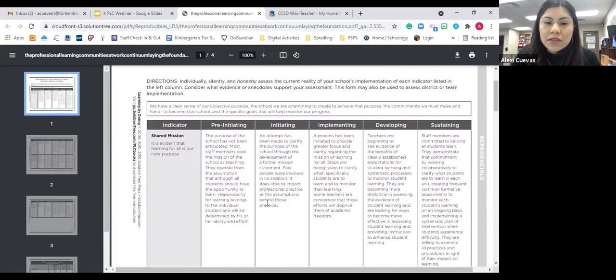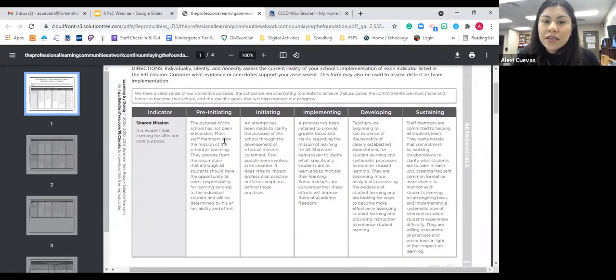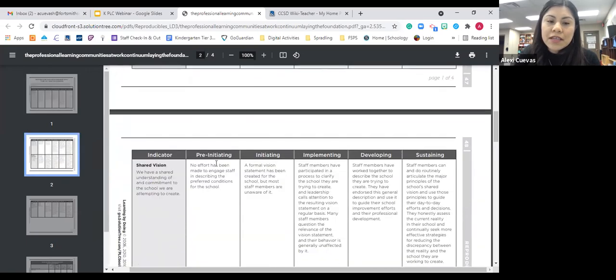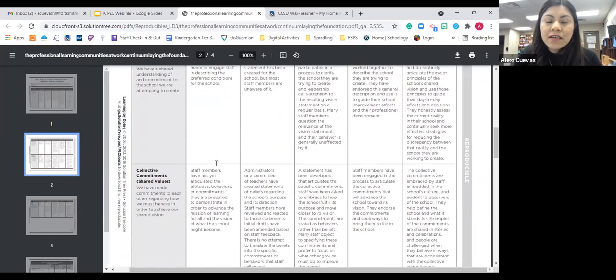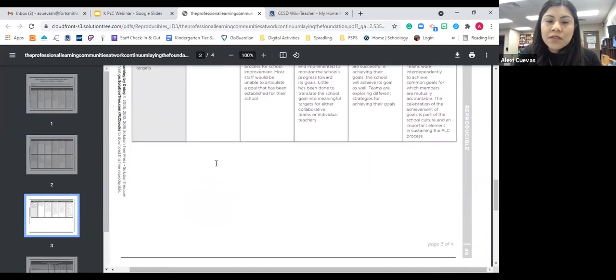So it will have the indicator. Then you determine where you are with your mission. Are you pre-initiating, initiating, implementing it, developing, or sustaining? So you will go through and do that with the vision, collective commitments, and then your goals.